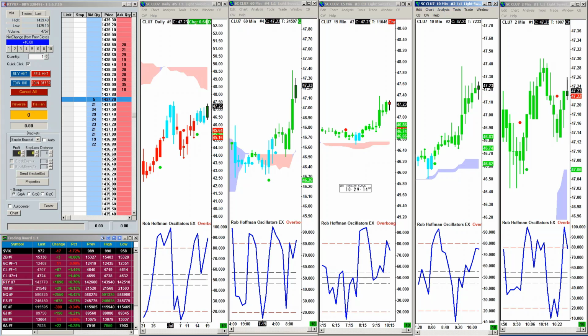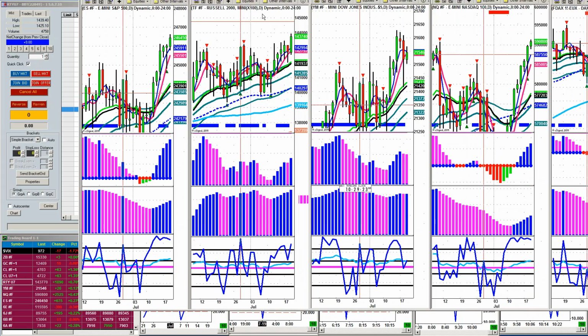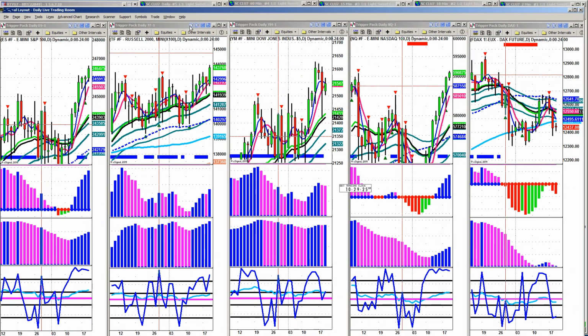All right, so let's go ahead and take a look at additional opportunities. As we reset the board, we've got the resistance still on the Nasdaq just above us, and we still have that resistance right now on the Dow, and of course the DAX still has its resistance here.